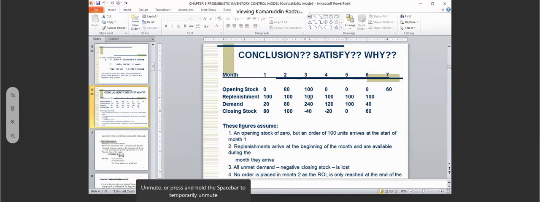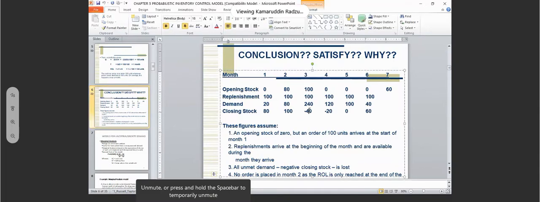So the shortage is, not 60 units, sorry, it is 40 units. We have a shortage of 40 units.